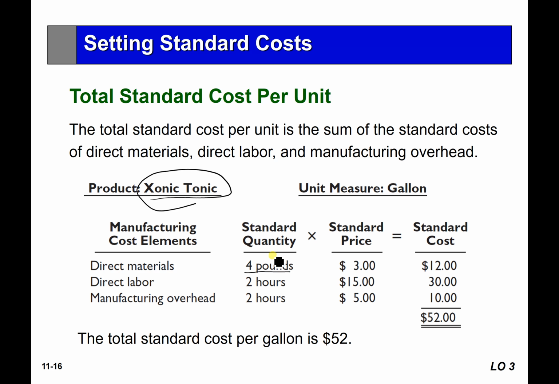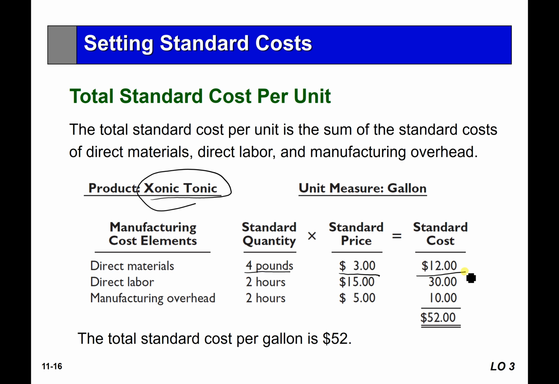This is the standard quantity. Remember, we talked about standard in the video, that this is what it takes. It includes some spoilage, something going wrong, wastage as well. But this is what it requires. That's called standard. And then there's a standard price, which also includes the freight and handling and all that. So that's the standard quantity and standard price.